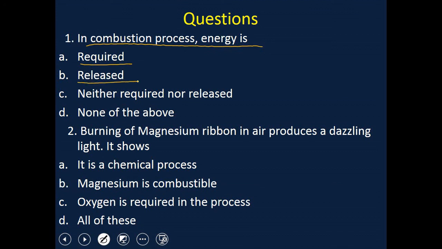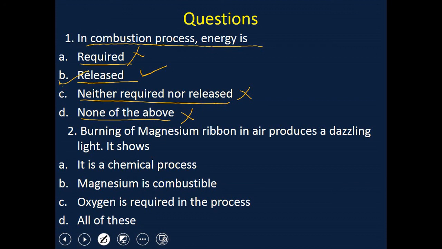Yes, children, you know that energy is released in this process, so this point is correct. Energy is not required here, so A is wrong. C, neither required nor released, is wrong. And D, none of the above, is also wrong. So what is the correct answer? Answer B is correct. In the combustion process, energy is released.